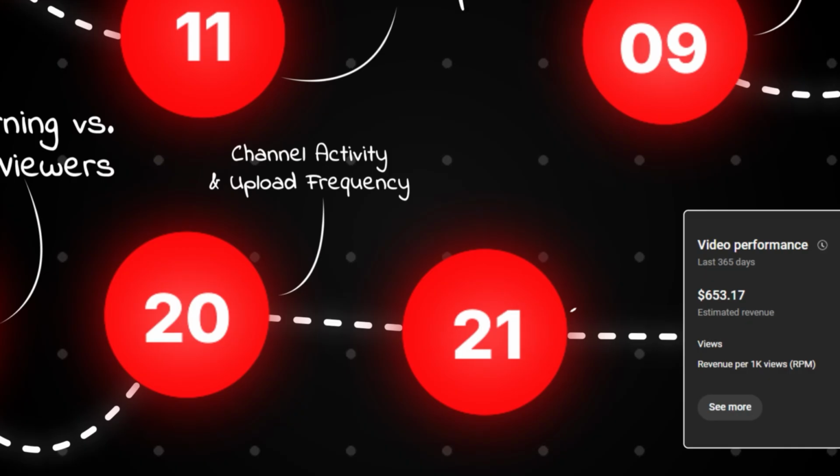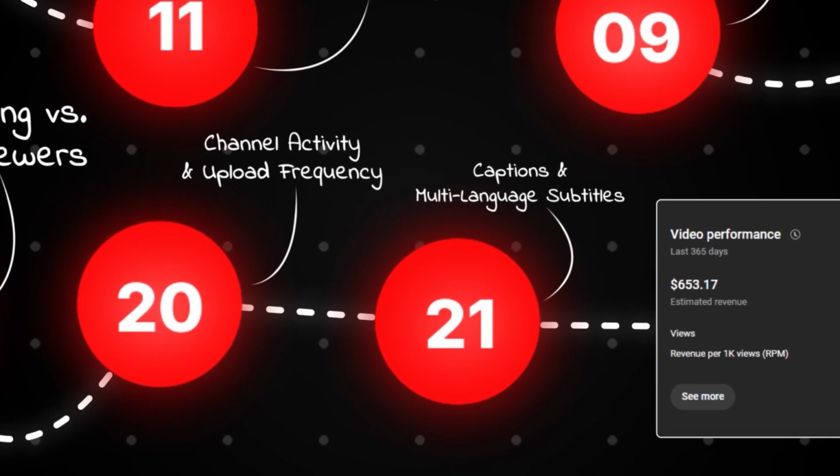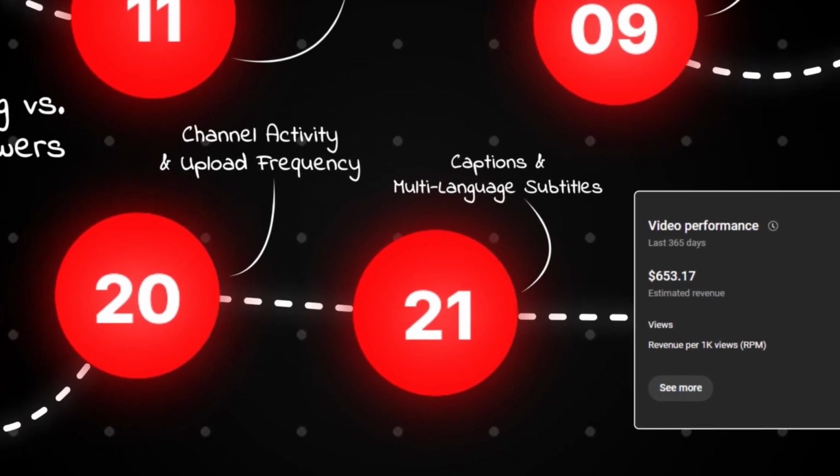But frequency alone isn't enough. There's one hidden factor that helps your content reach a global audience and potentially boost revenue. Let's cover that next. Adding accurate captions can increase revenue by broadening your content's monetization reach. Now, this isn't a direct RPM play across the board, but subtitles in multiple languages can attract higher value international traffic.